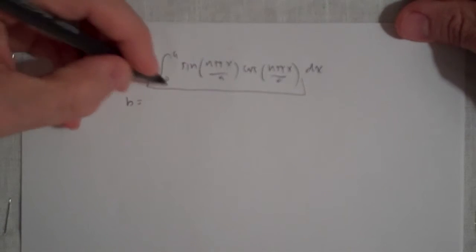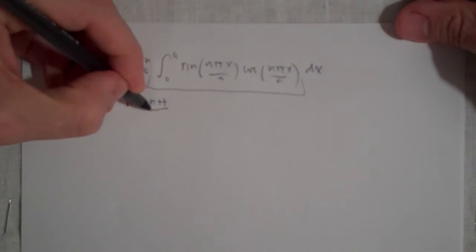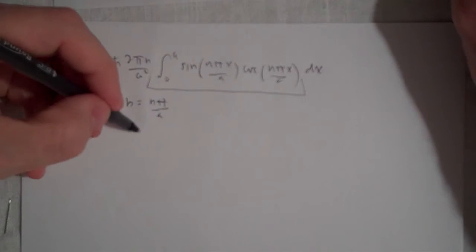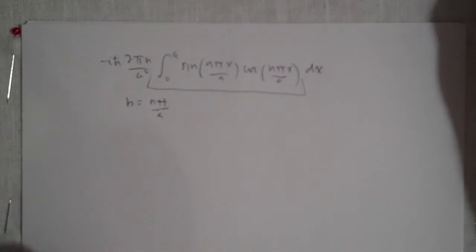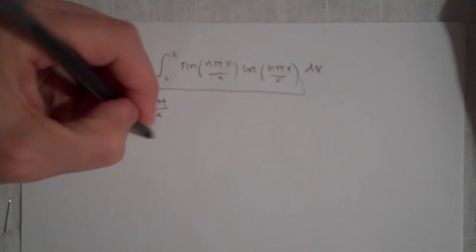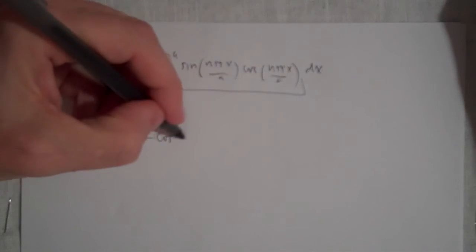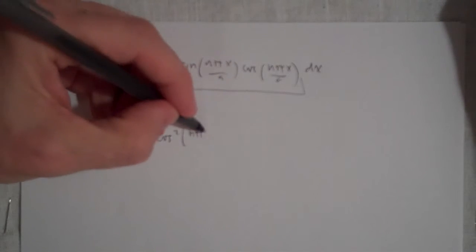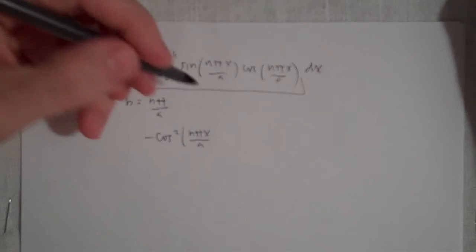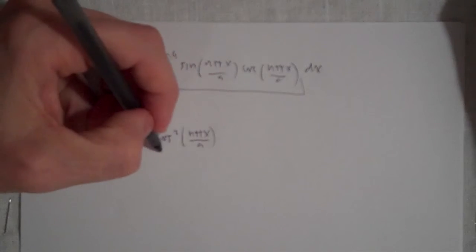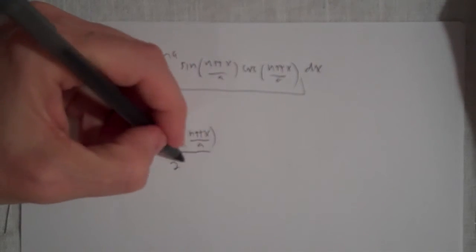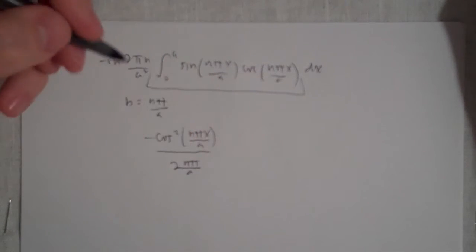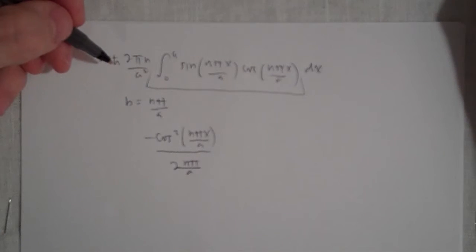Okay, we figured out then this integral is what we're trying to figure out. Let b be n pi over a. In that case, then this baby right here is going to come down to be minus cosine squared of n pi x over a, over 2 n pi over a.